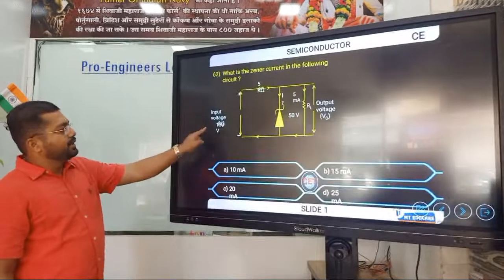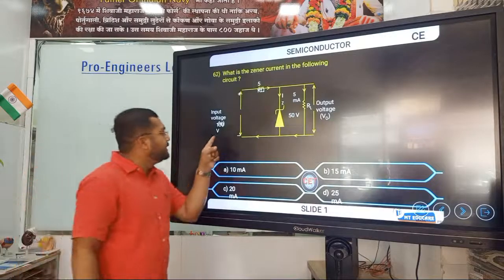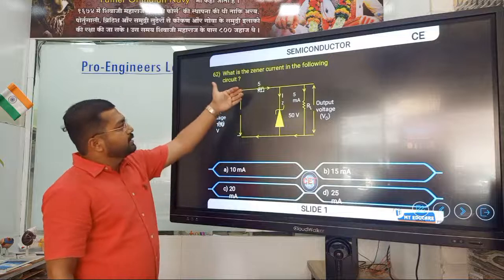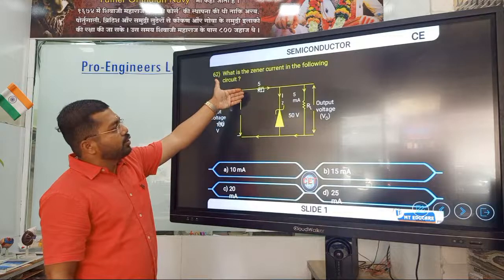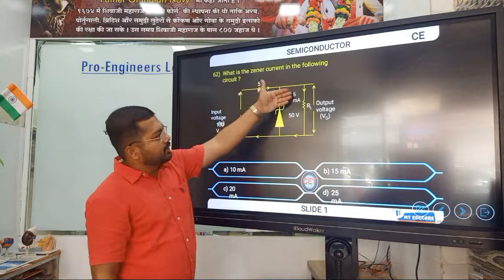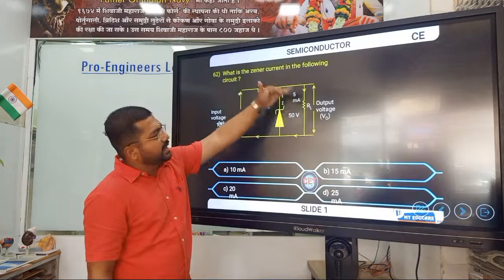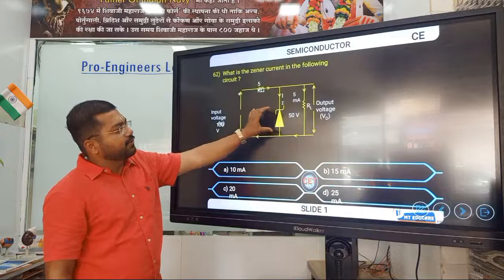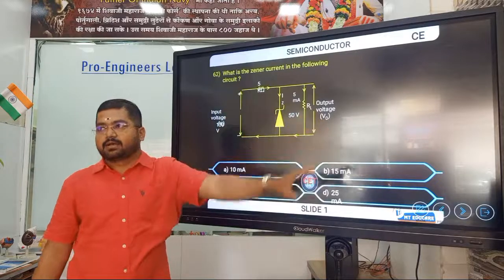See, input voltage is 150 volt. Here the resistance is of 5 kilo ohm. Here the current which is getting inside RL is 5 milliampere and voltage is 50 volt across Zener, right?